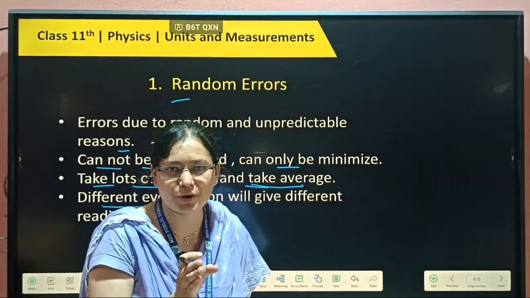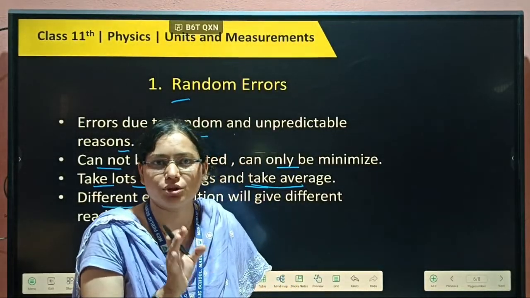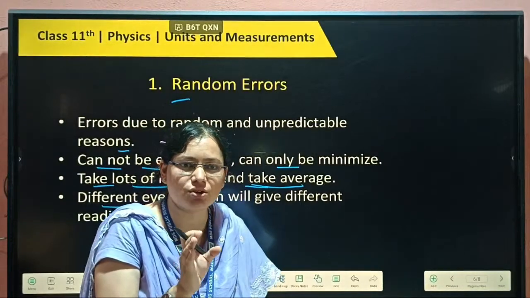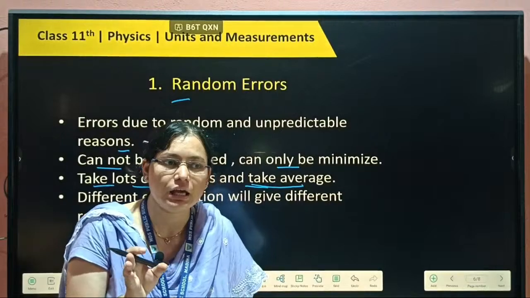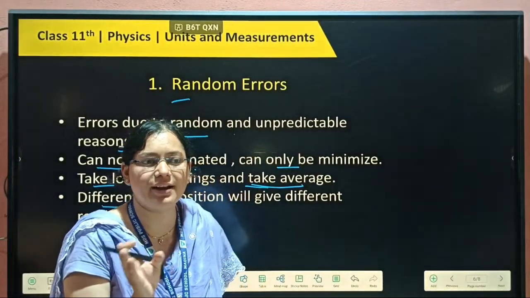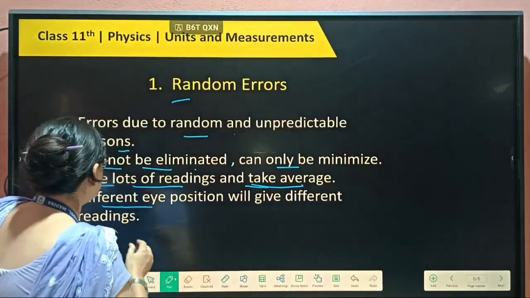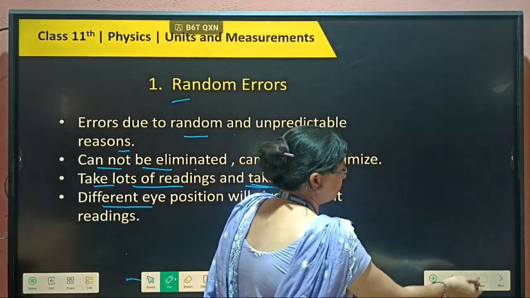If you keep your eye at the center of the instrument, then the reading will be mostly accurate. But as you change the position of your eyes, your practical value differs from the true value. So this error is a random error.